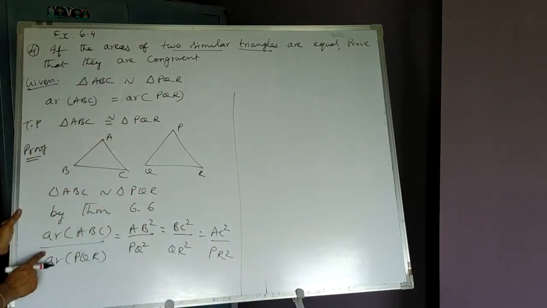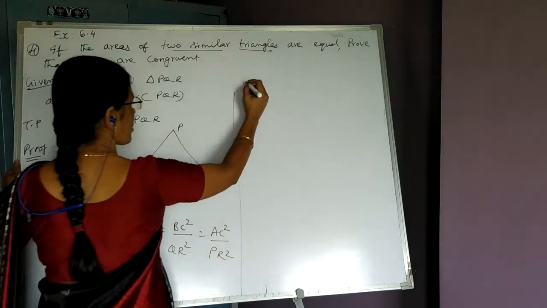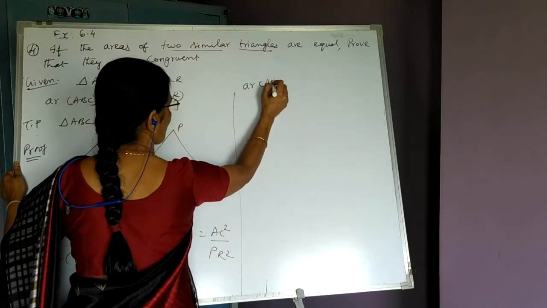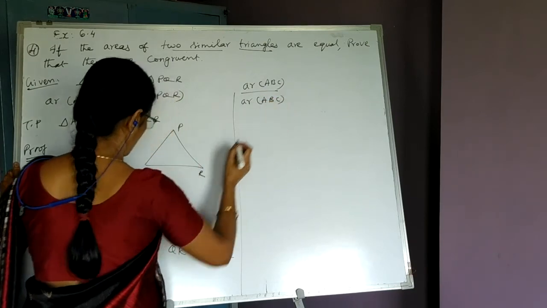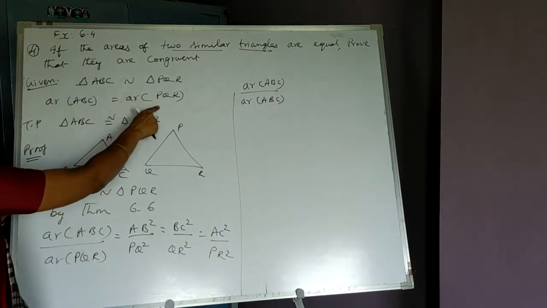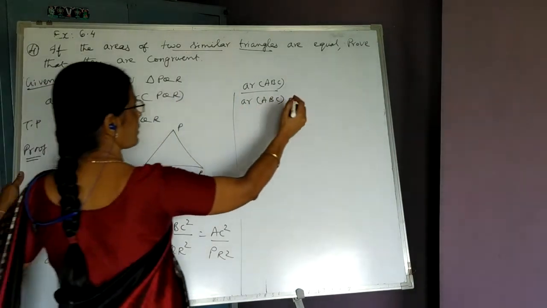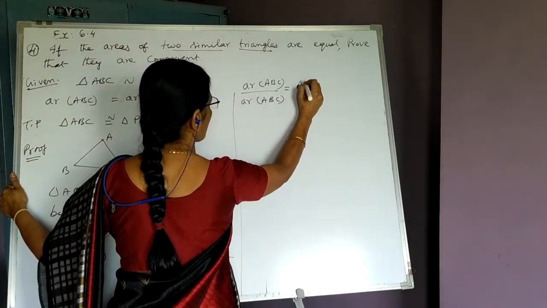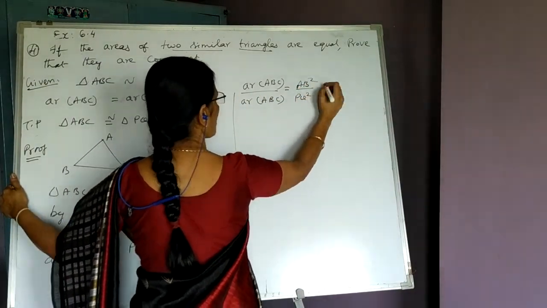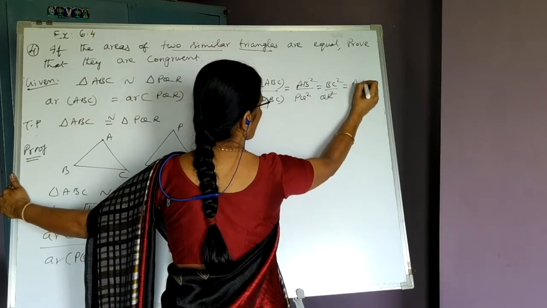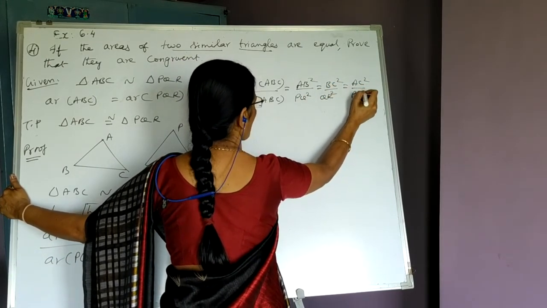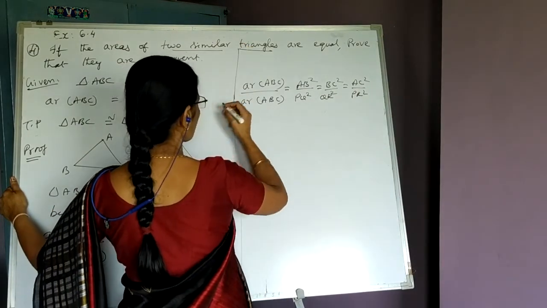But these two areas are equal. So in the place of area of PQR, I can substitute ABC because ABC and PQR areas are equal. This is equal to AB square upon PQ square, BC square upon QR square equal to AC square upon PR square.